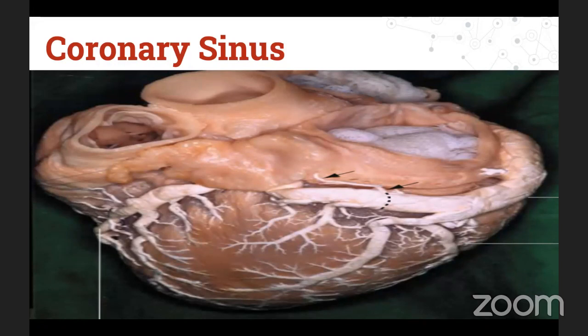So how far do you go with the tip of the retrograde cardioplegia inside the coronary sinus? Ayat, I'm not sure. I don't know. Can you go back a couple of slides, please?